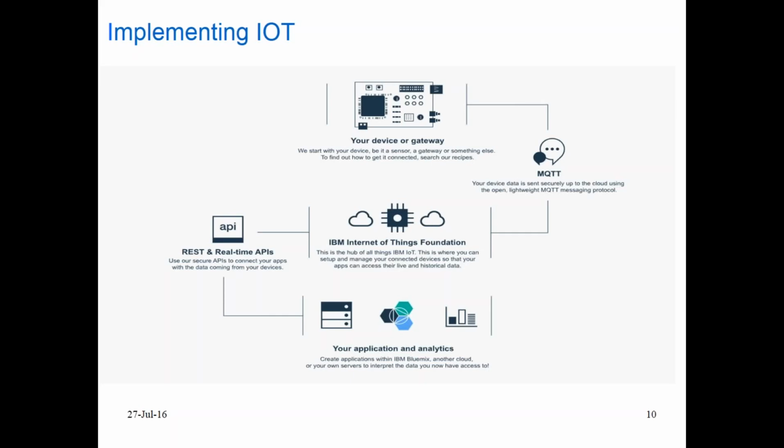The central bone of IoT will be the platform, that is IBM Internet of Things Foundation, which I'm using for this webinar series. We have our devices, say it can be Arduino, it can be Raspberry Pi, or it can be any kind of custom developed board according to a requirement.